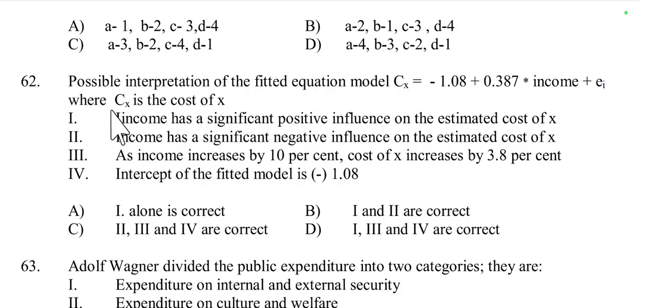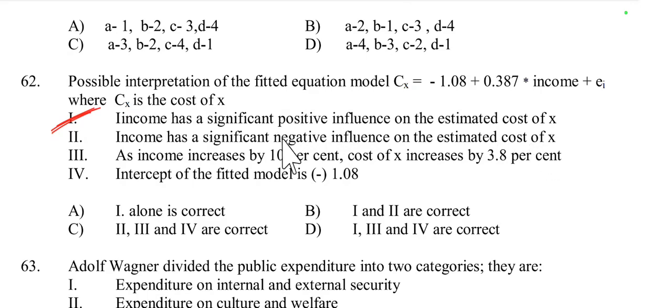Option 1, income has a significant positive influence on the estimated cost of X. Yes, it is right, because the positive coefficient of income, that is 0.387, indicates a positive relationship between income and cost of X, meaning that as income increases, the cost of X also increases. So it is positive. Option 1 is correct. Then option 2, income has a significant negative influence on the estimated cost of X.